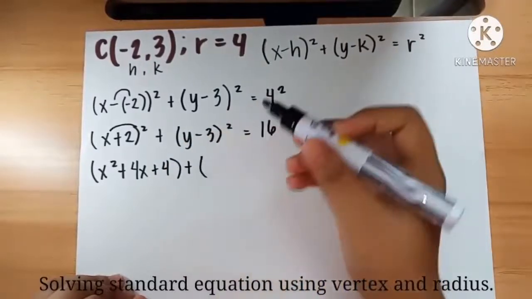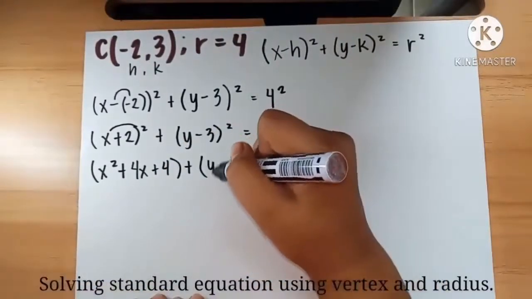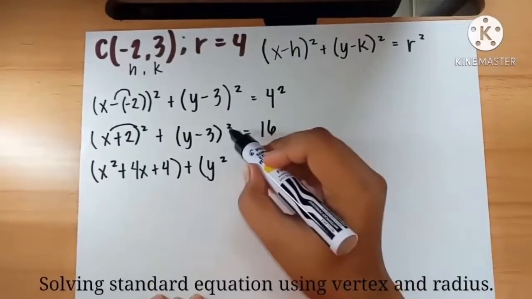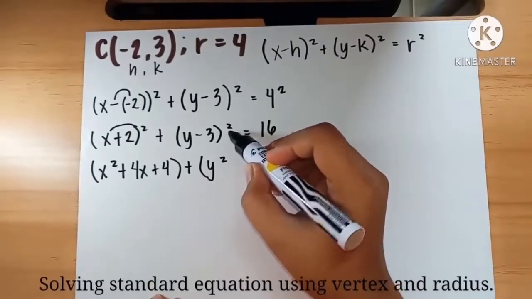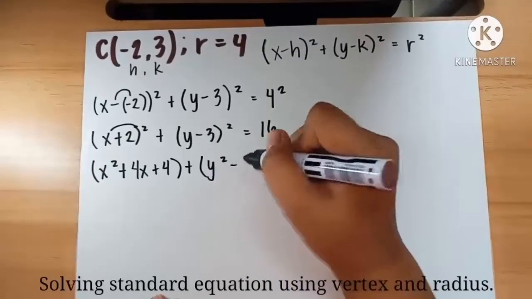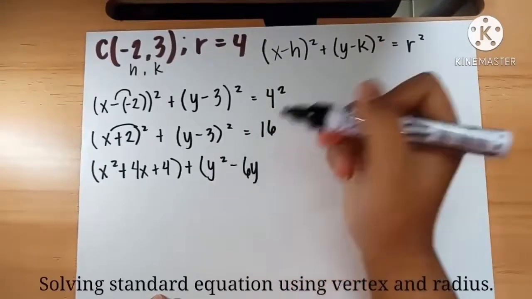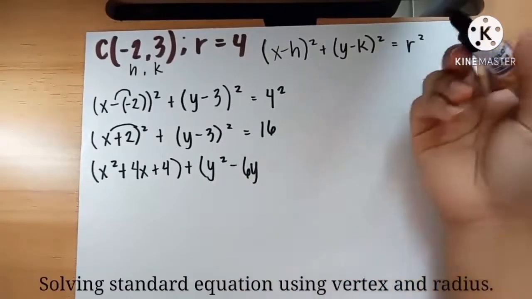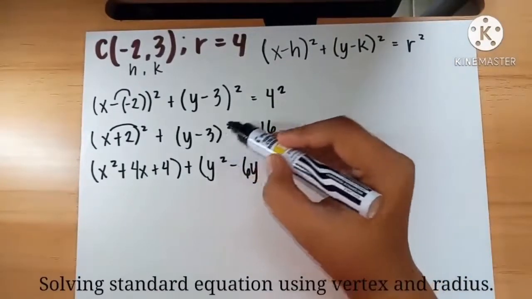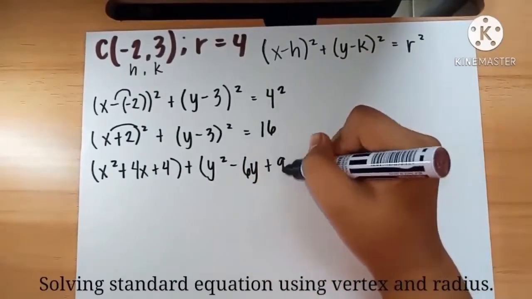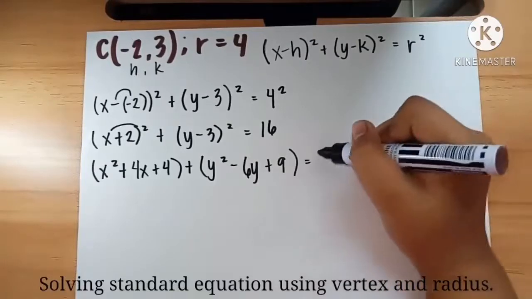Then y squared, negative 3 times 2, negative 6 times y, negative 6y, then negative 3 squared equals 9, plus 9 equals 16.